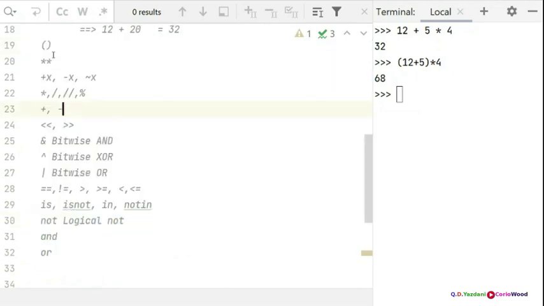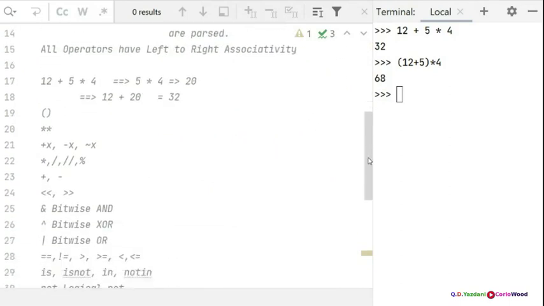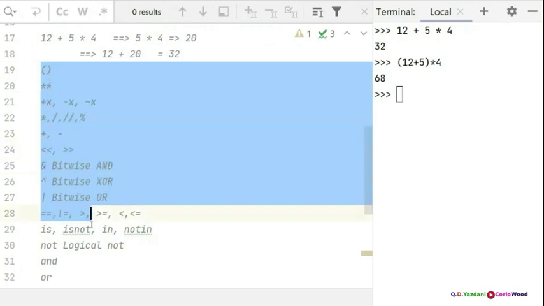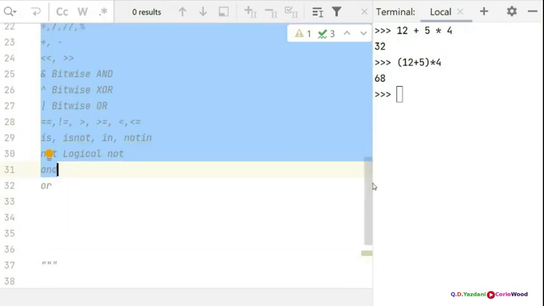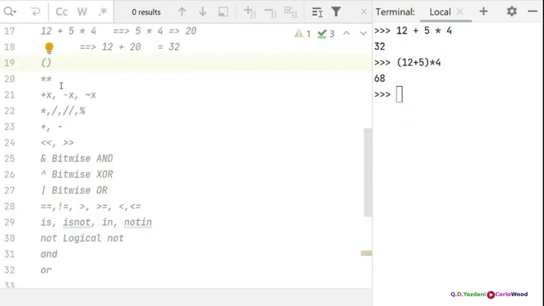Looking at PEMDAS in mathematics: parentheses, exponents, multiplication, division, addition and subtraction. This is exactly the same chart, but this is the entire table, very complete. That's the operator precedence inside Python.